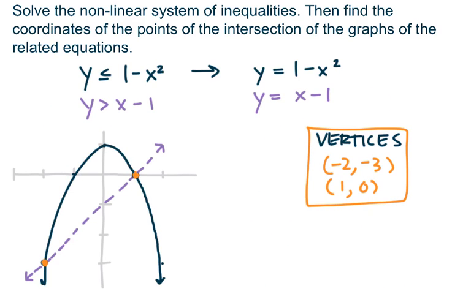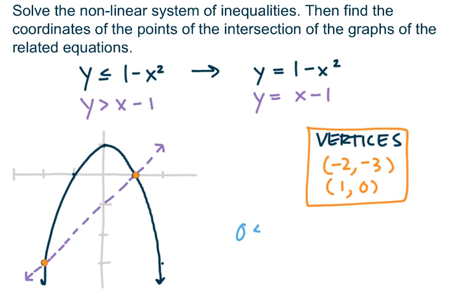So I cleaned my screen up, and now let's look at determining where to shade. So essentially what I'm going to do is plug an ordered pair that is not on either of my curves into both of these equations. So I might start with the ordered pair 0, 0, and I'm going to plug 0, 0 into this parabola first.